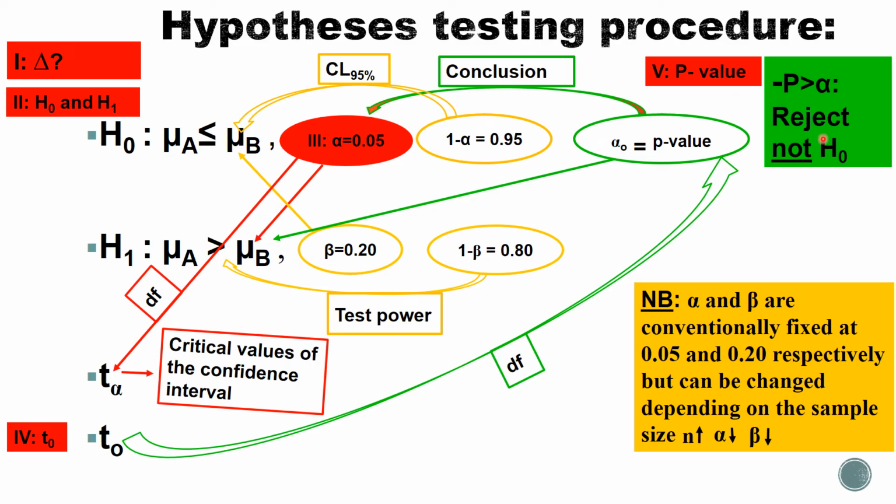But it doesn't mean there's no difference. Probably our sample size was not large enough, in other words, the power of our test was not sufficient. On the other hand, when p-value is less than alpha, then we can reject the null hypothesis.